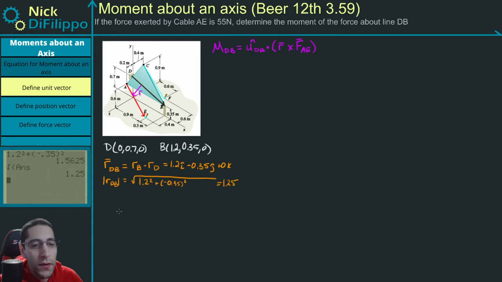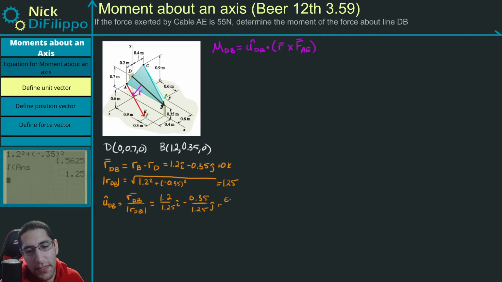Okay, so I know my unit vector. The definition of the unit vector is r_DB over the magnitude of r_DB. So this is equal to 1.2 over 1.25 i minus 0.35 over 1.25 j plus 0 over 1.25 k.